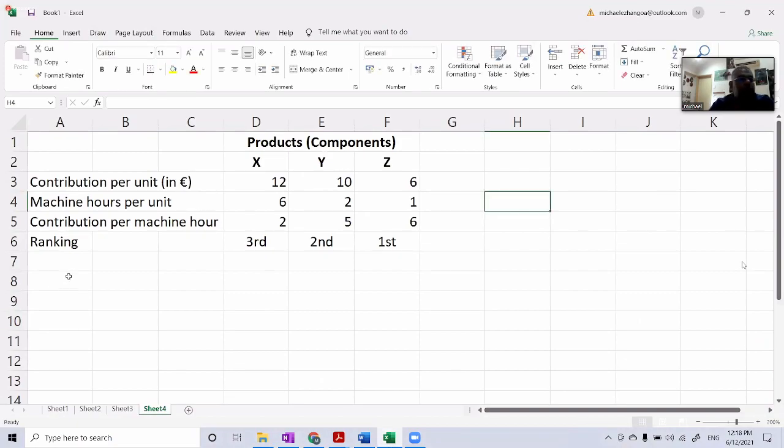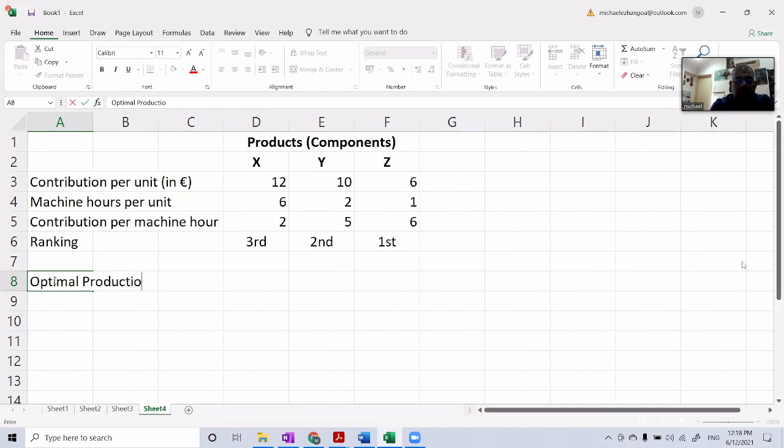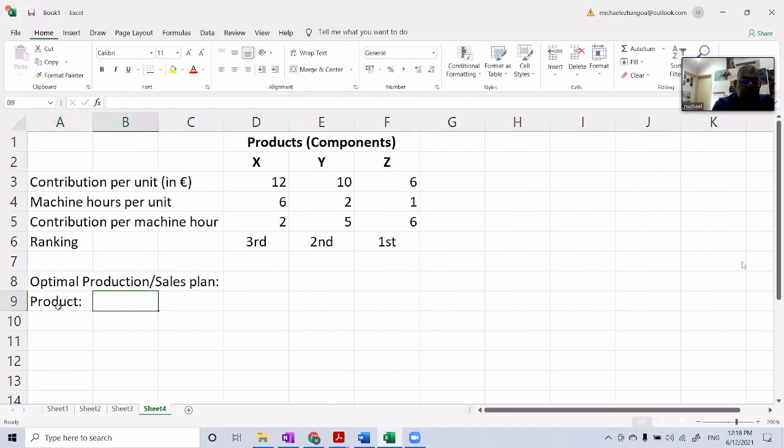Right. Okay. So now, optimal production and sales plan. All right. We have product, units. The constraint is machine hours, I think. Let me double check.